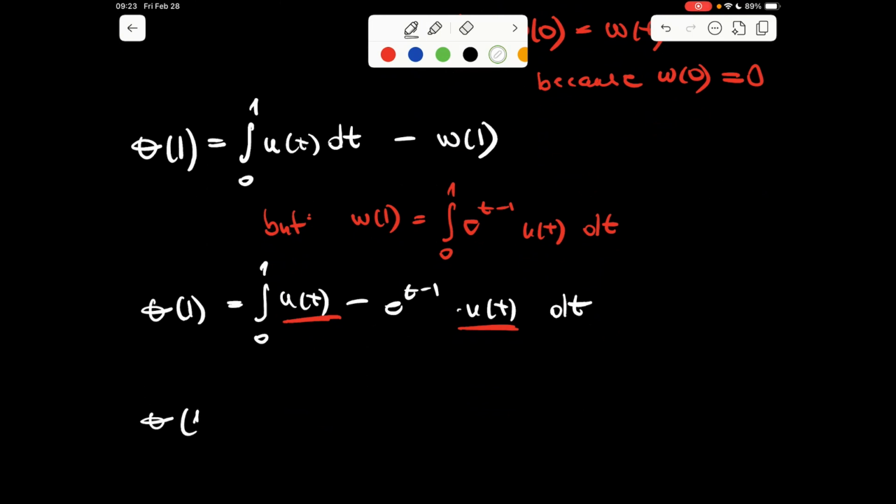and this is going to be our second restriction on ut, this is equal to 1.